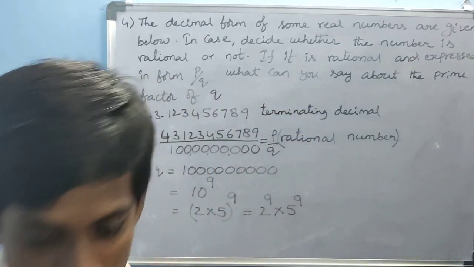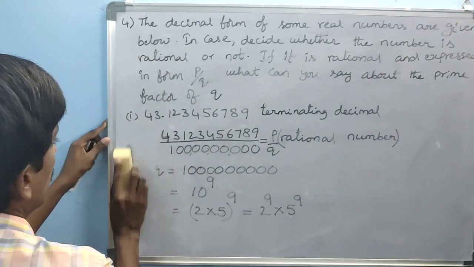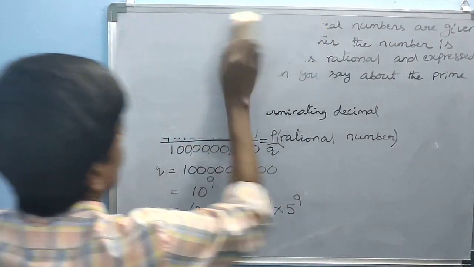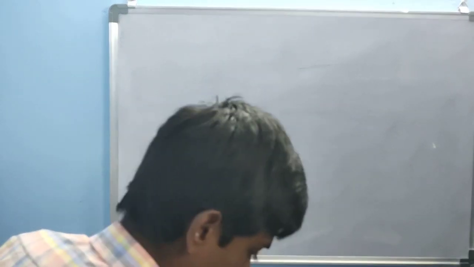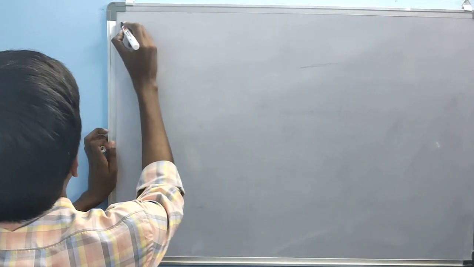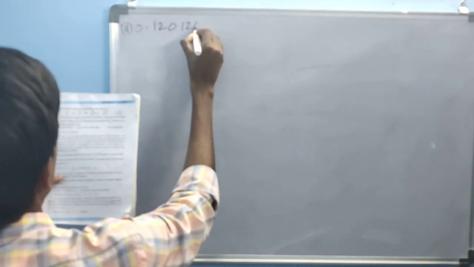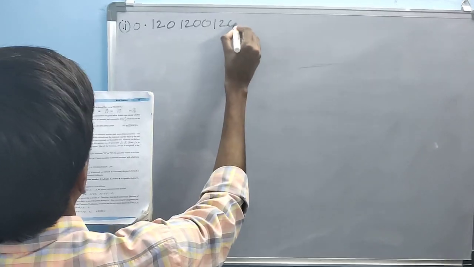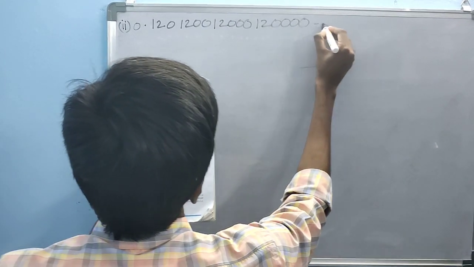What is the second one given? 0.120, 1200, and so on.